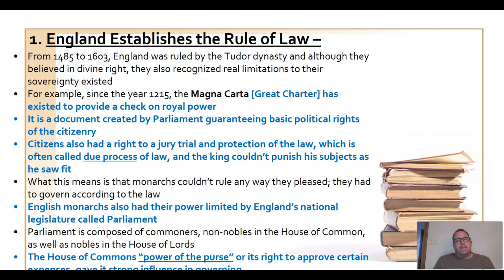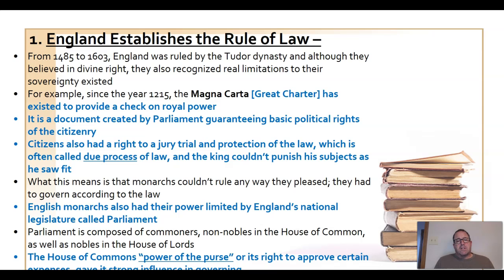Throughout this course, we've talked about the consolidation of power by monarchs at the expense of other groups, primarily the Catholic Church and nobles. We've seen that taking place in England, France, and Spain with a group known as the New Monarchs. And as we continued, we discussed absolutism.